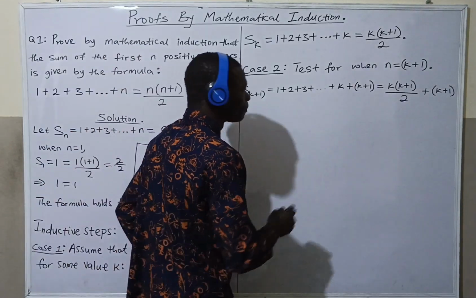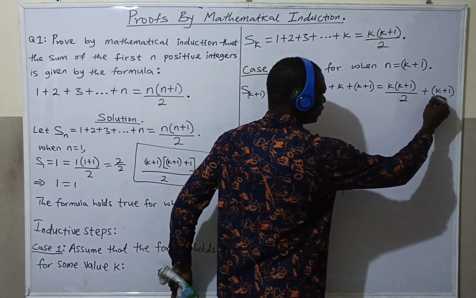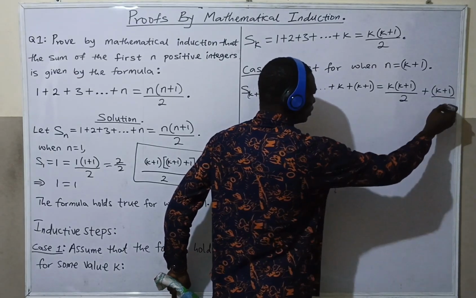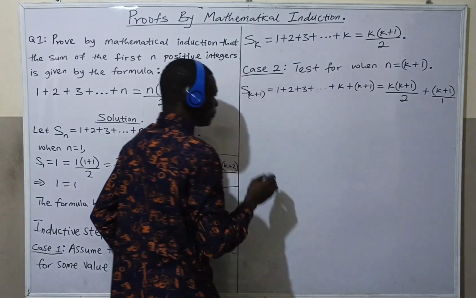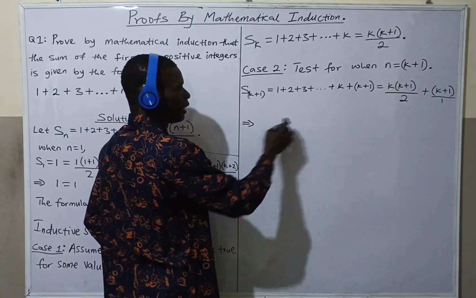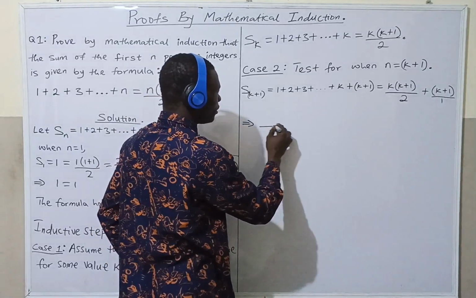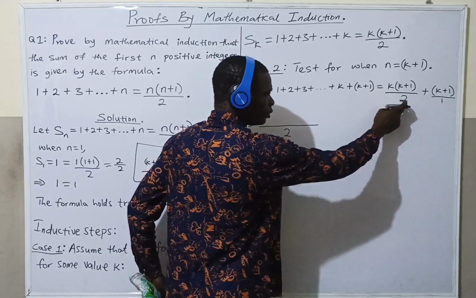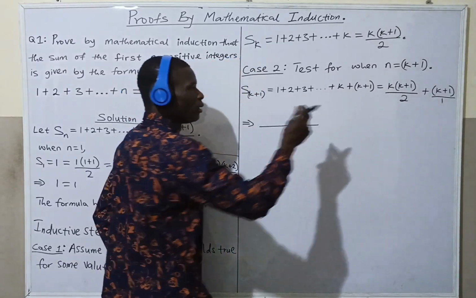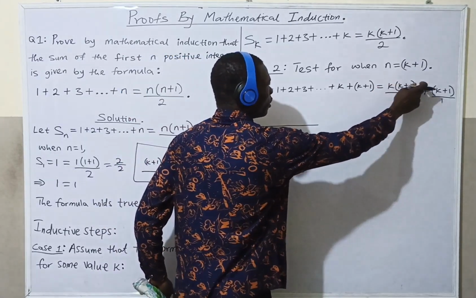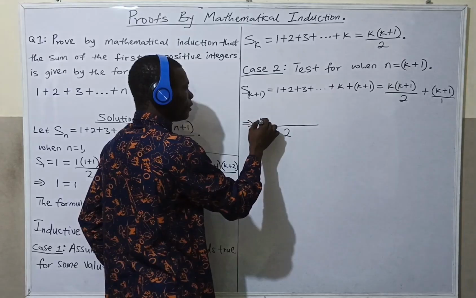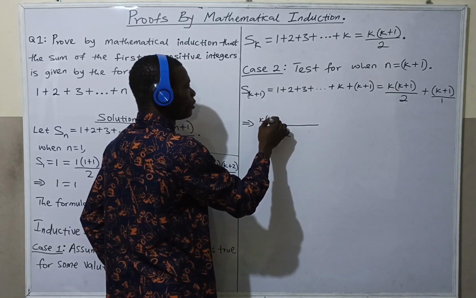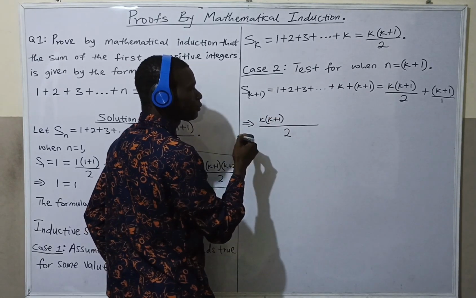So what do we do? The denominator of this, of course, is assumed to be a whole. The denominator is going to be what? 1. So we are going to have the LCM of 2 and 1 being 2. So 2 divided by 2, that's going to be 1. And 1 multiplied by the whole of the numerator, we'll still be having k bracket open, k plus 1.